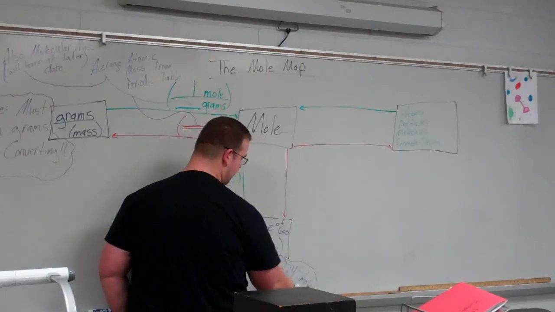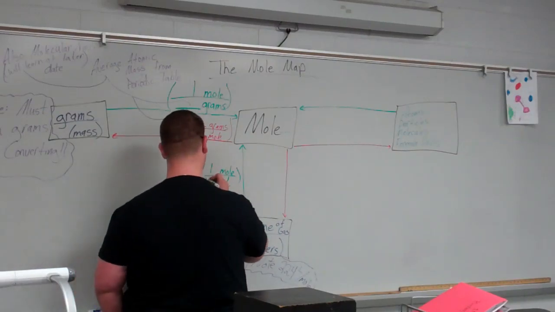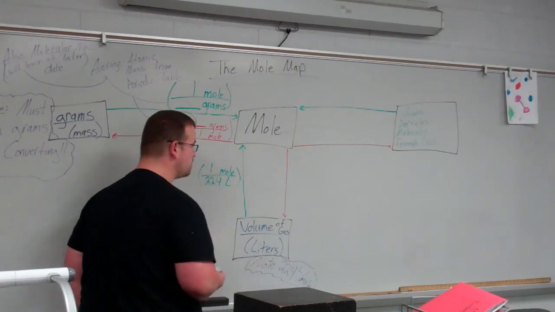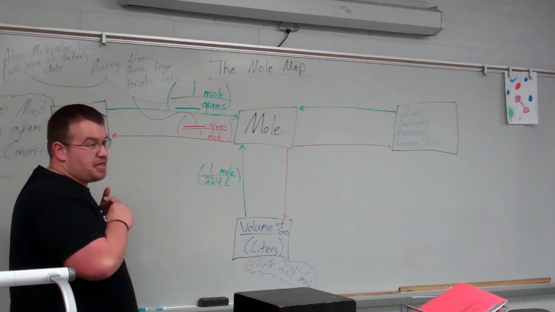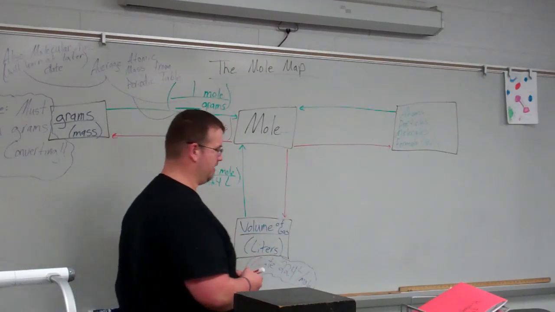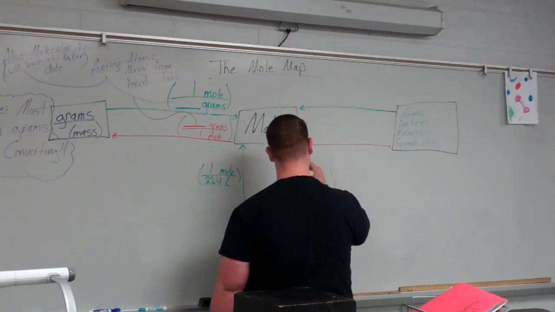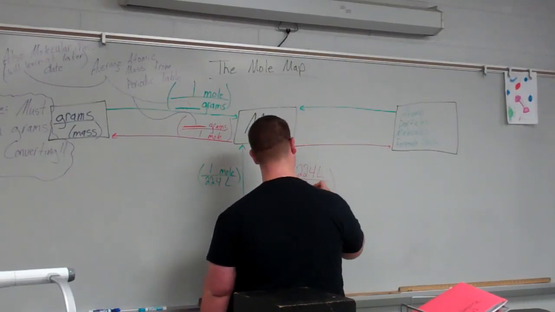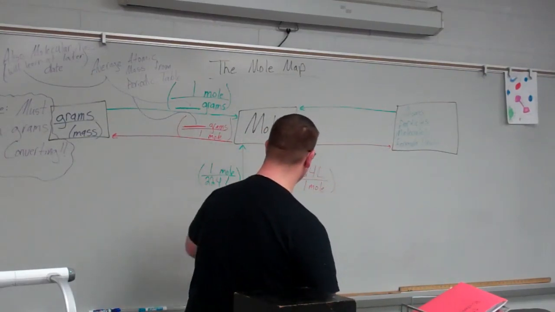This is your identity, the conversion factor. Guess what number goes with it? 22.4. Man, you guys catch on fast. So what's going to be on the right side? 22.4 liters over 1 mole. That's when you're traveling from moles and going to a volume of a gas.